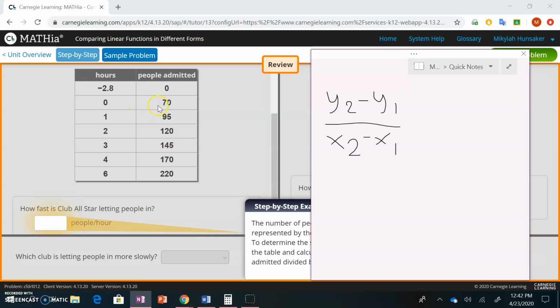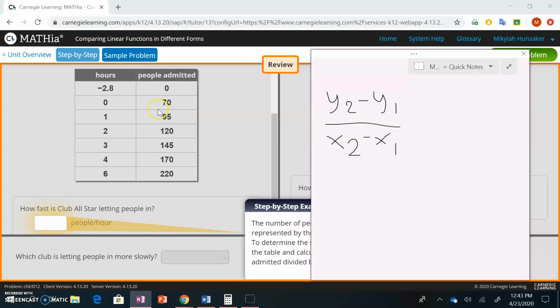So for example, I'm taking my table. These are my x values in the left column. These are my y values in the right. So let's say, for example, we make this one be my first point. So that's x1 and y1. This is my second point, x2, y2.